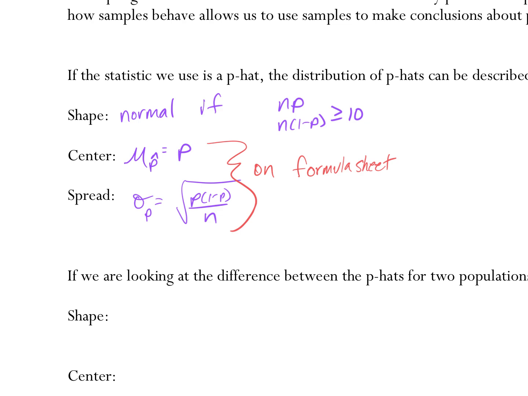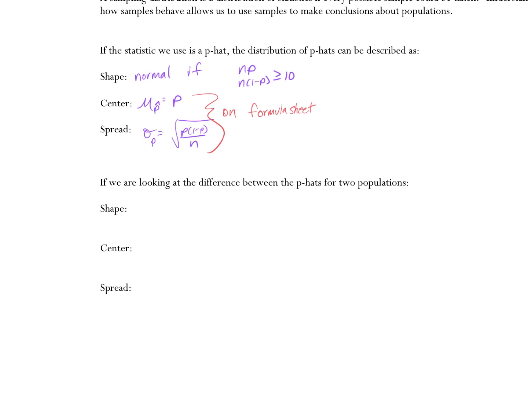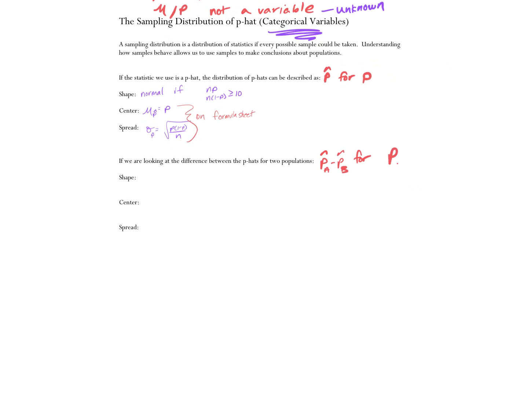Are we good? Okay. If you're looking at the difference between two, so I have population A and population B, this would be p hat A minus p hat B to estimate PA minus PB.